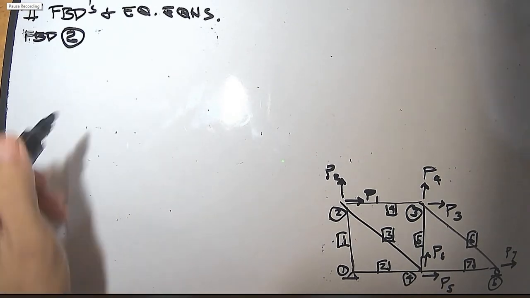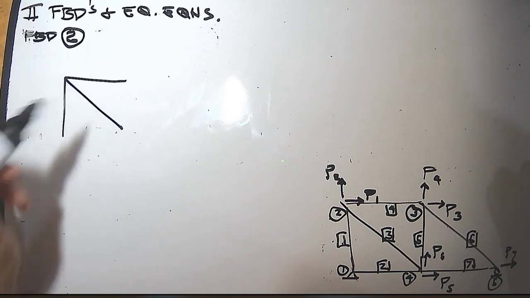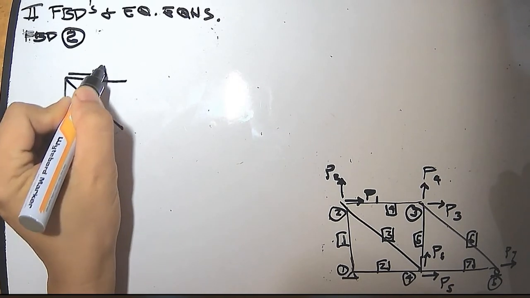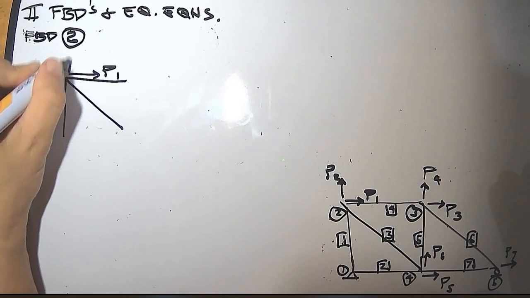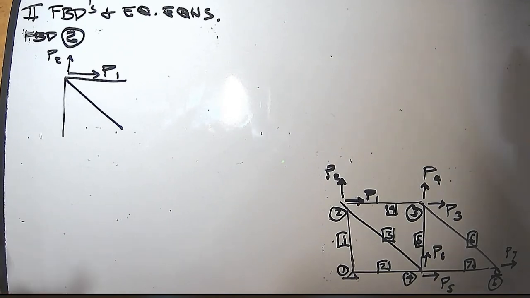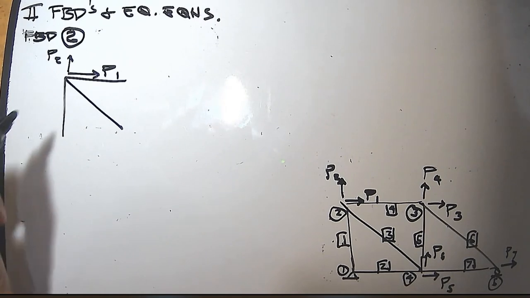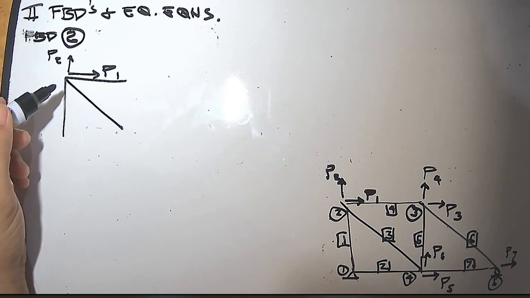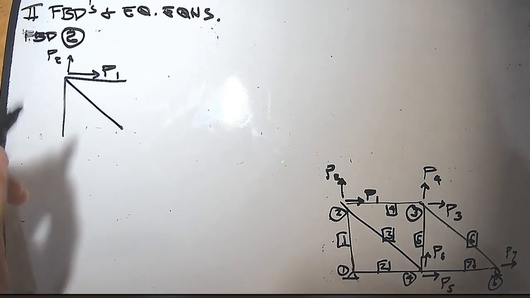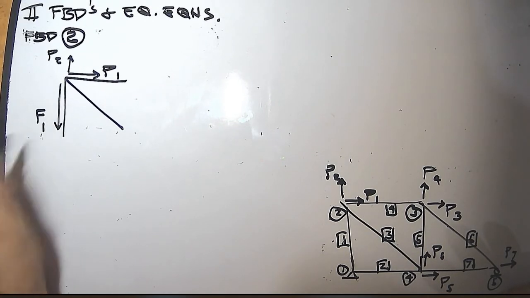Dito, no? Drawing natin yung mga members. So, take note, meron tayong P1, and then we have P2, so that is the vertical, and then another assumption here is lahat ng forces is acting tension, ano? And forces are axial. So, let's take this as F1.